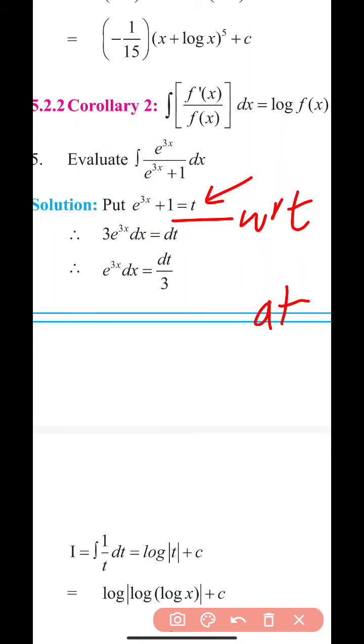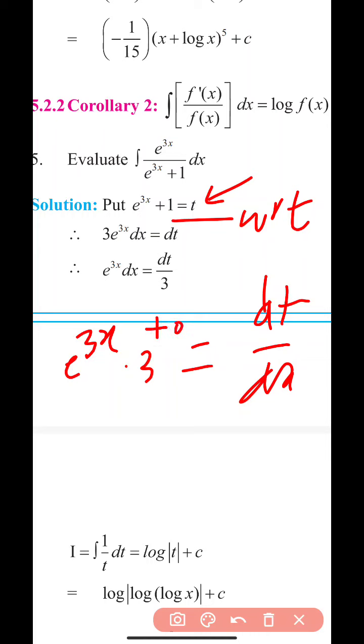dt by dx is equal to e raised to 3x has a derivative e raised to 3x into 3. This is a composite function, so that's why it is e raised to 3x into 3 plus derivative of 1 is 0.